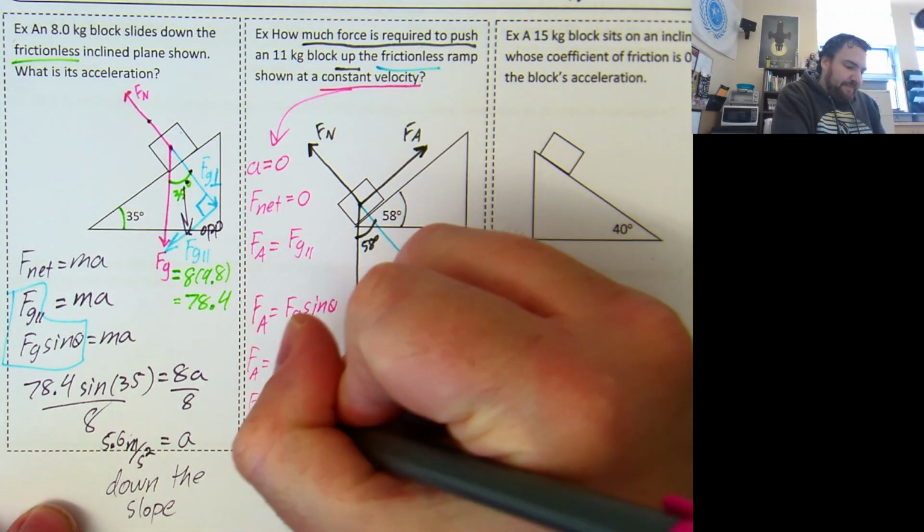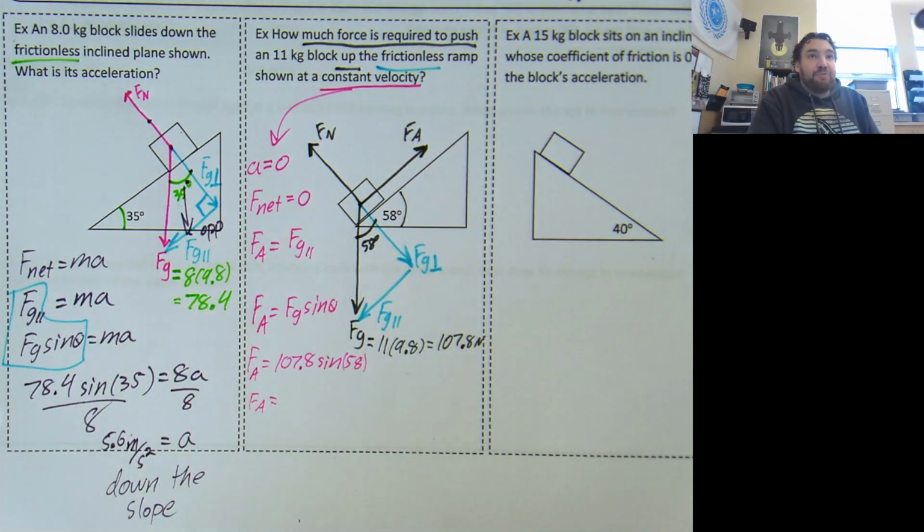So then what's Fa? What is the applied force required to keep this thing moving up the ramp at constant velocity?